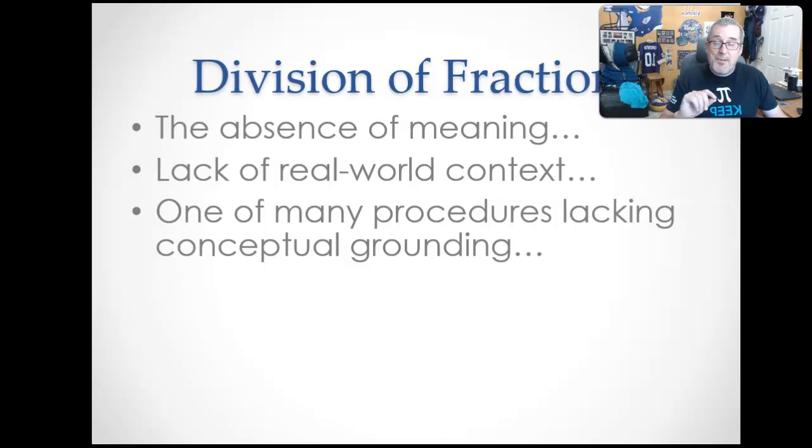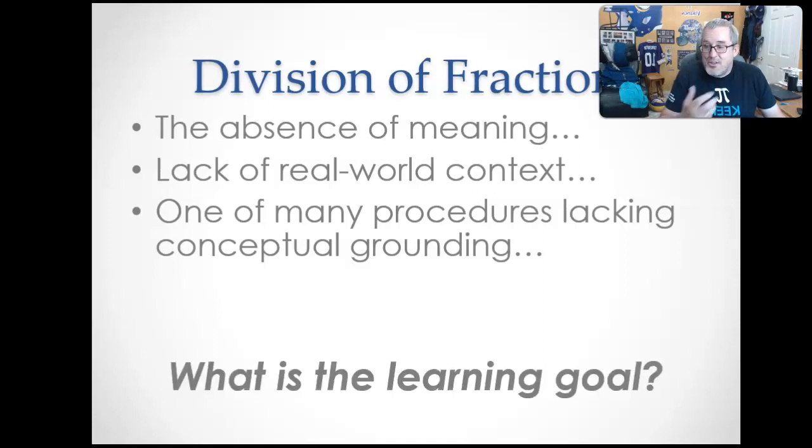As you're going to read about in an upcoming R&R, sometimes you cross multiply. Sometimes you multiply straight across. Sometimes you get common denominators. Sometimes you keep the first fraction, change division to multiply, flip the second fraction. There are so many algorithms and procedures that many students lack any conceptual grounding, and so they don't know what to do and when to do it.